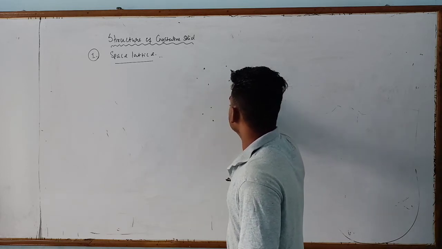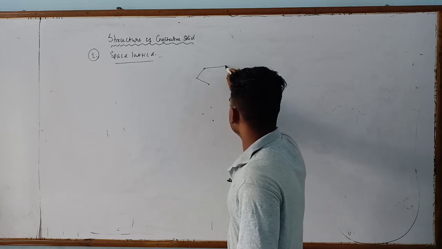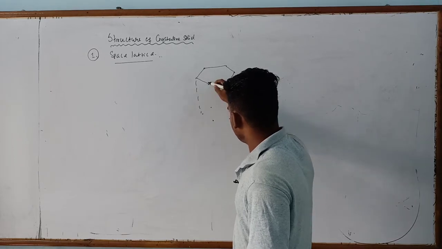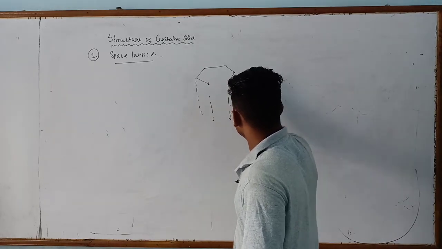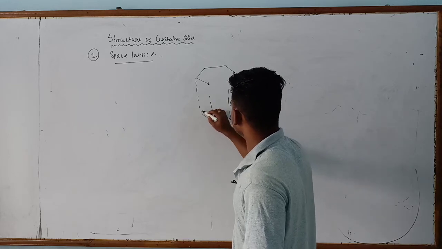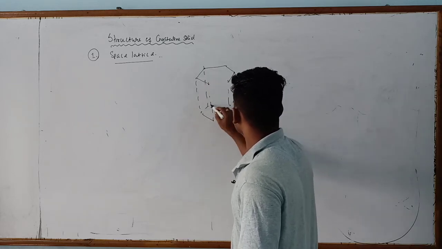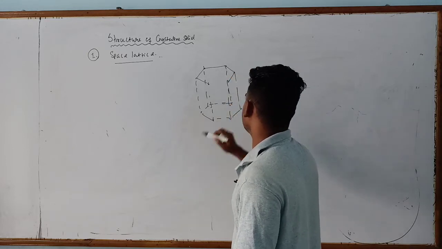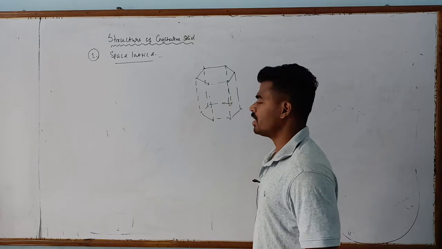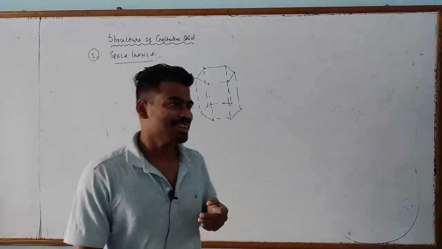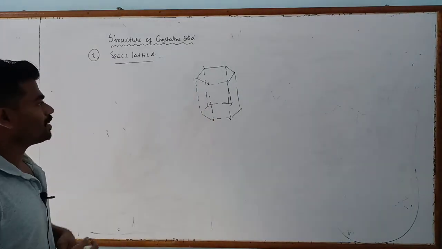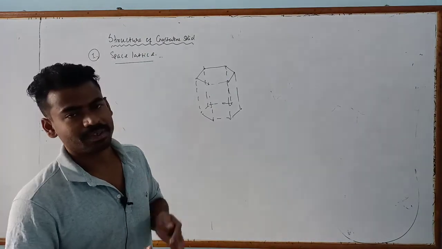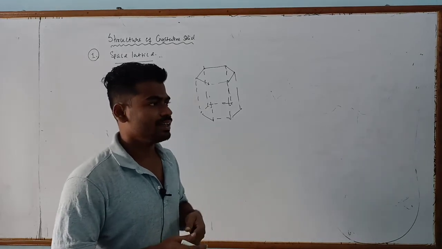If you join all these points, tell me, you are getting a definite geometry over here. This is a hexagonal type structure. So space lattice is nothing but the arrangement of points in 3-dimensional space.